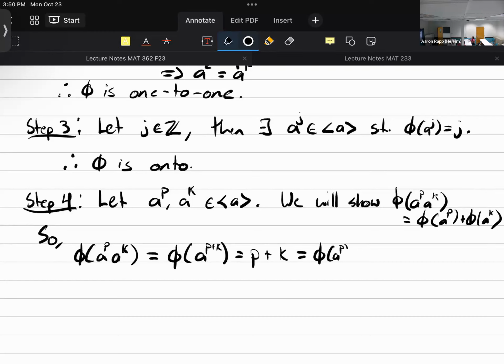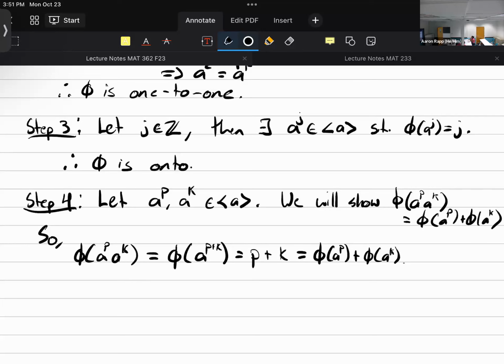Yeah. And k is just the outcome of v of a to the k power. We now have a nice little string of equalities that show whether or not I operate inside my first group and then map it through, it's the same thing as if I map it through individually and then operate together in my second.